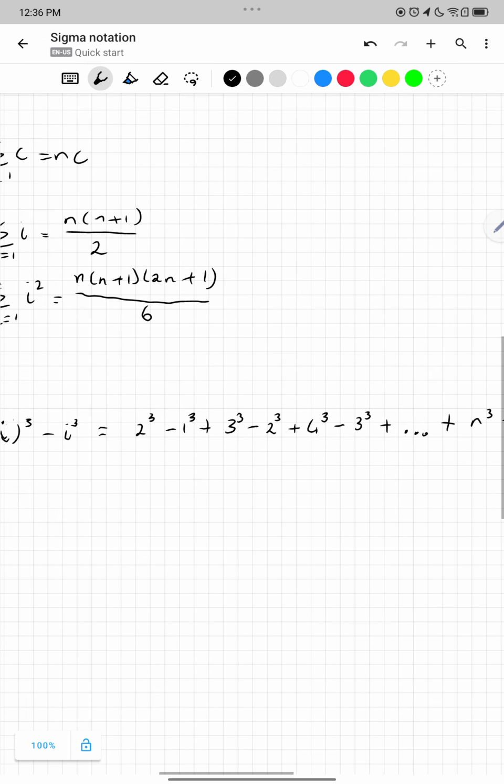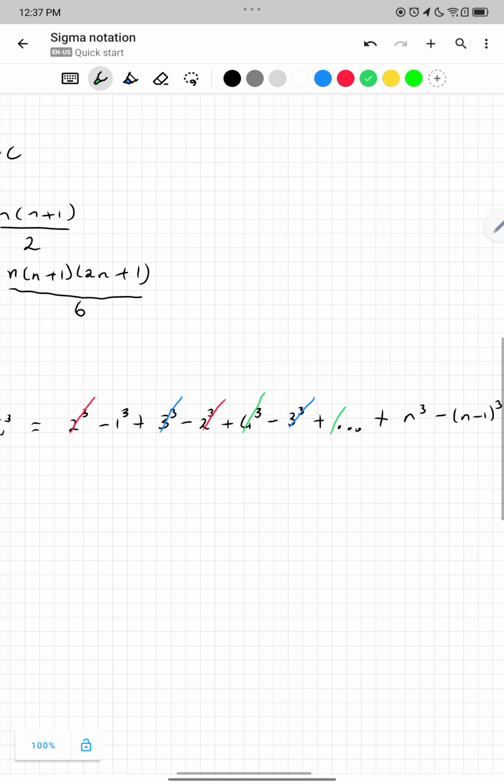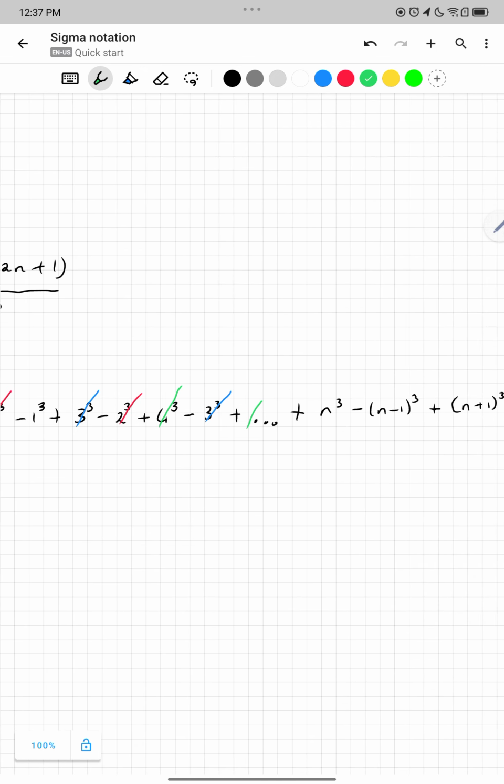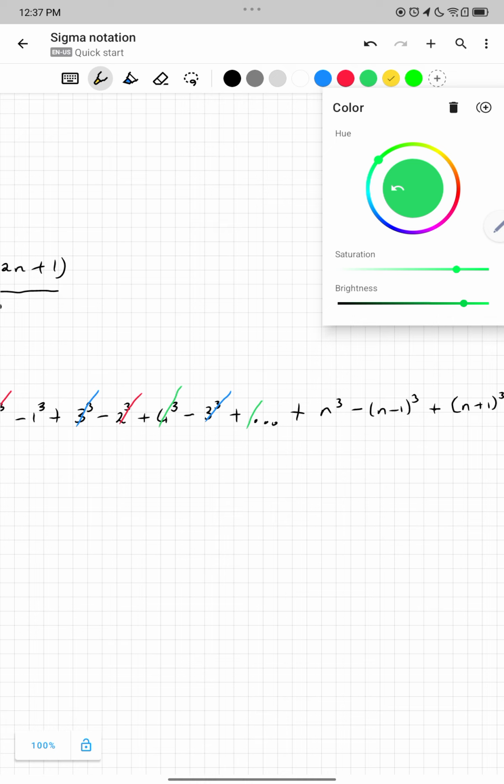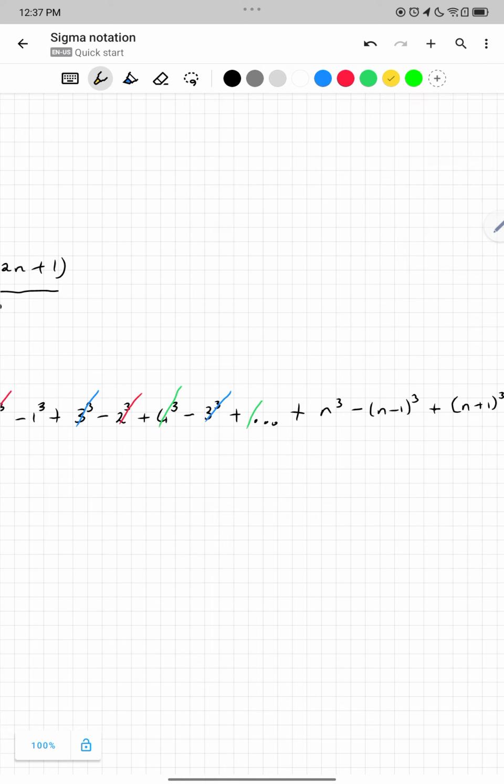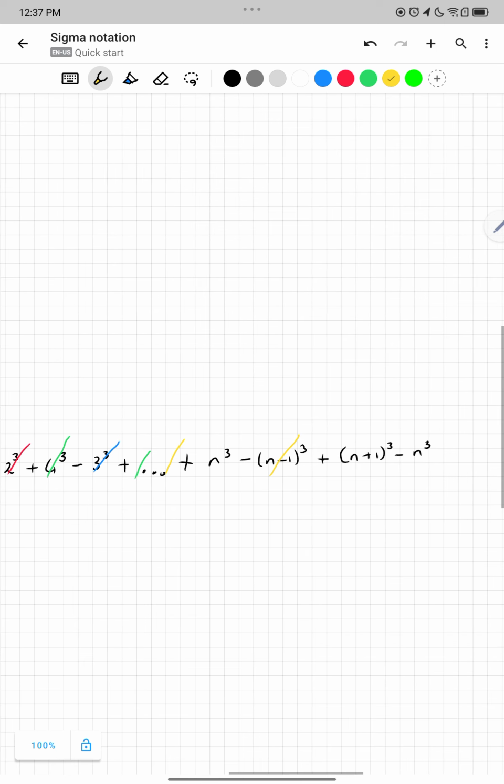So notice that the following terms result in 0. This term and this term result in 0. This term and this term result in 0. This term and this term will result in 0. And then this term and this term will result in 0.